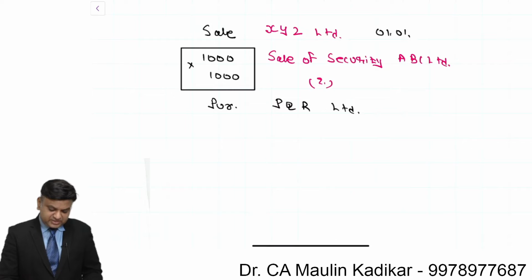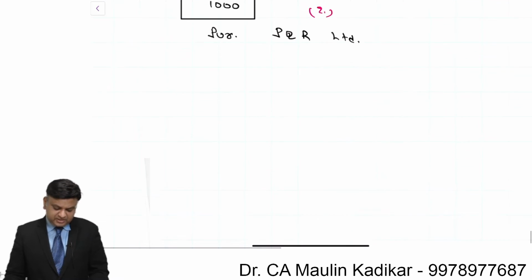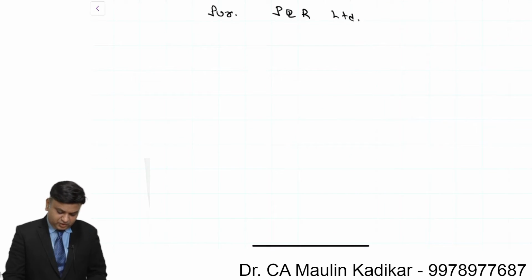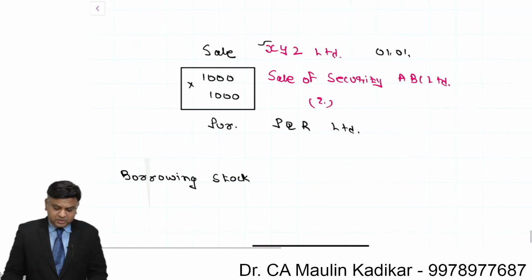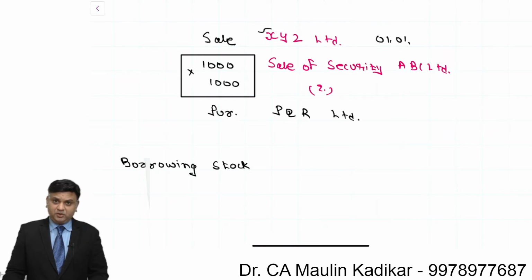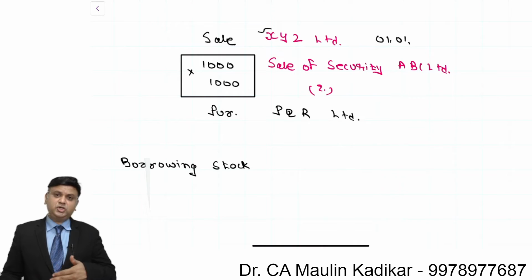Now what is XYZ Limited doing? XYZ Limited is entering into the transaction for borrowing of the stock. Stocks of ABC Limited are borrowed and the short position is squared off.